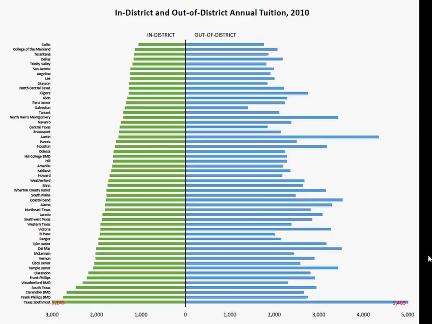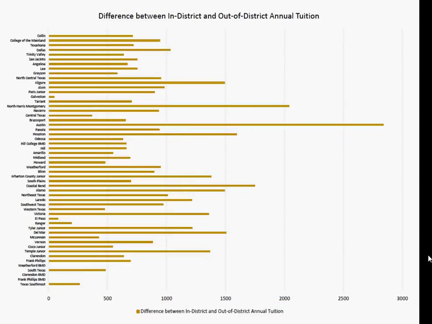There's also quite a bit of variation in the difference between in-district and out-of-district price. Here's a plot of the differences between in-district and out-of-district prices. Some are very low, close to even, a couple where it's actually zero. Others, for example, this is Austin, is very high.